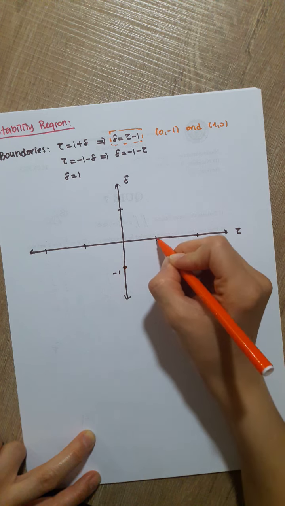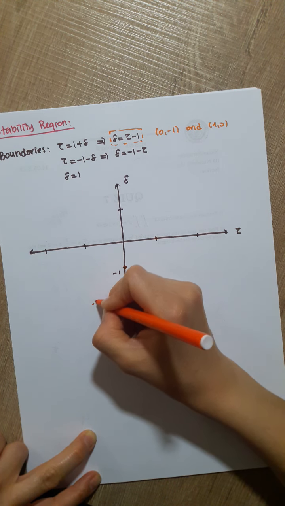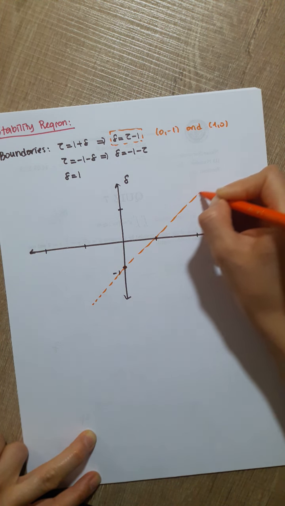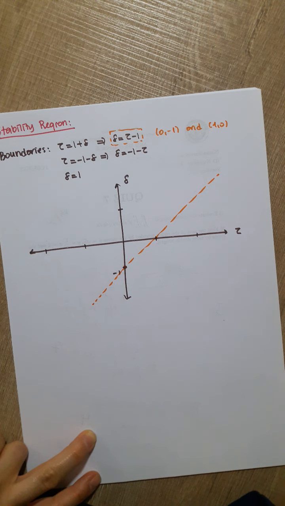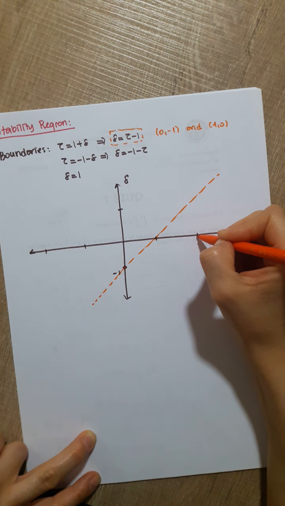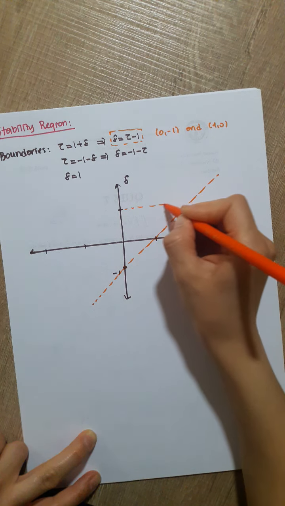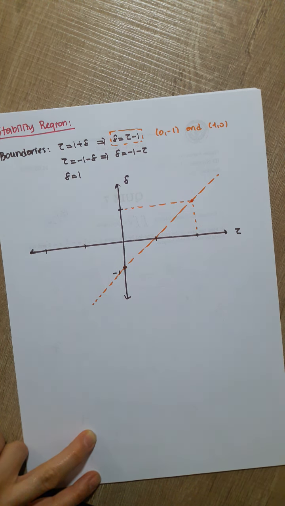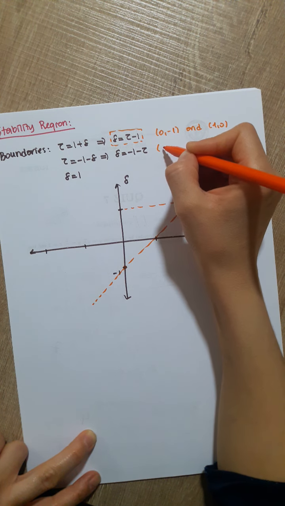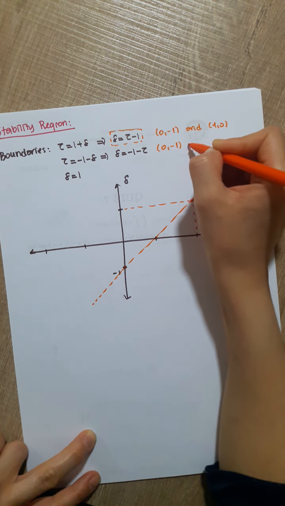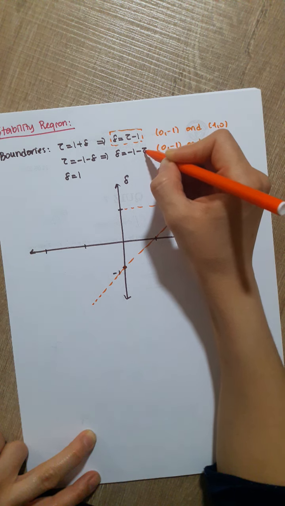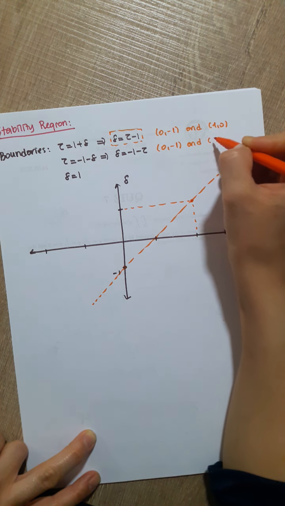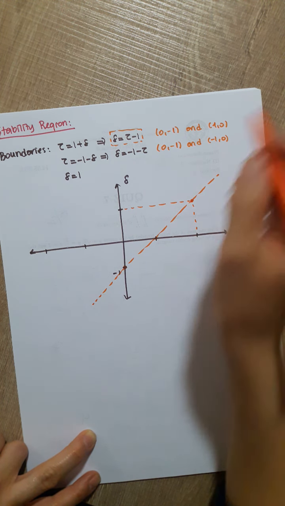When tau is 2, the value of delta is 1 here. And if tau is minus 1, this time delta is 0.